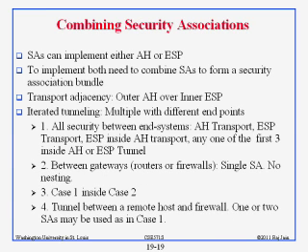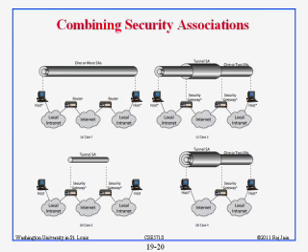Case 4 is a tunnel between a remote host and firewall. 1 or 2 SAs may be used as in case 1. So now this is the most general case, in which you have some end to end, you have some tunnels, and so on and so forth. So this is a combination of all 3. This one is all end to end, this one is all gateway to gateway, this one is end to end inside the gateway, and here the mixture is different than that one.